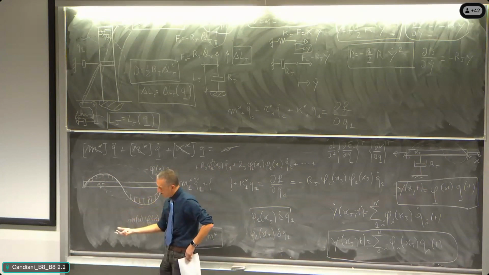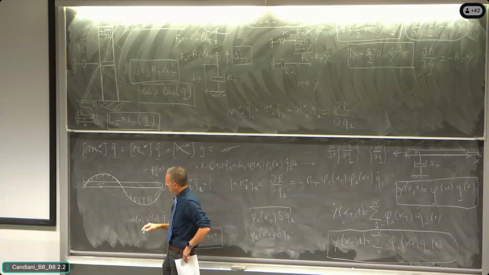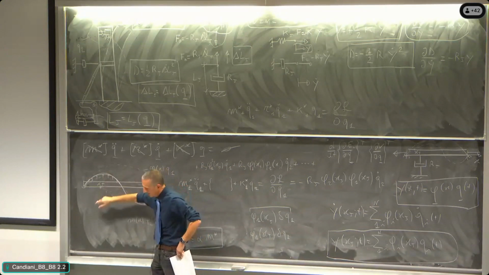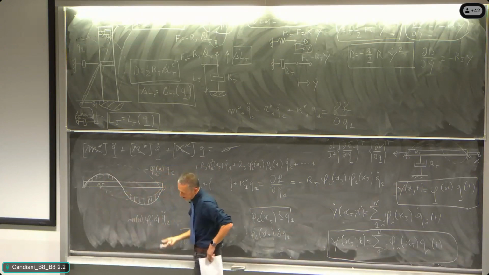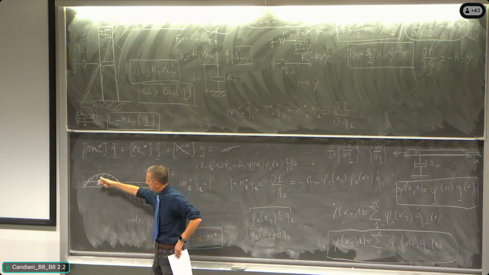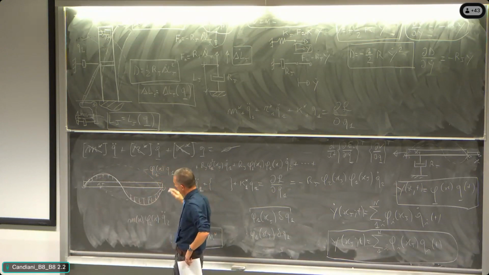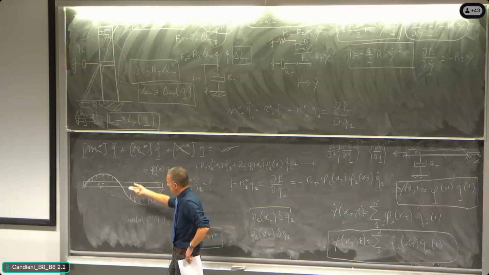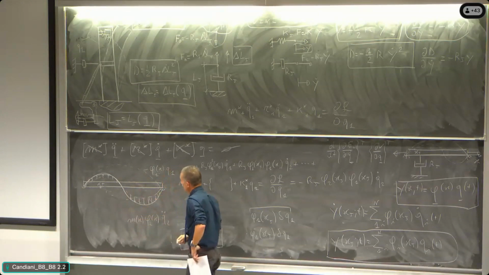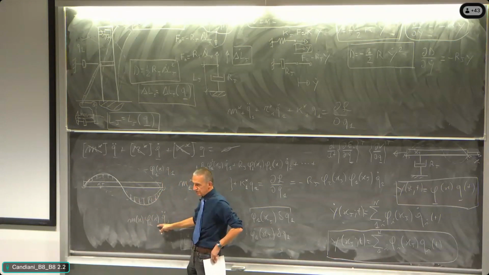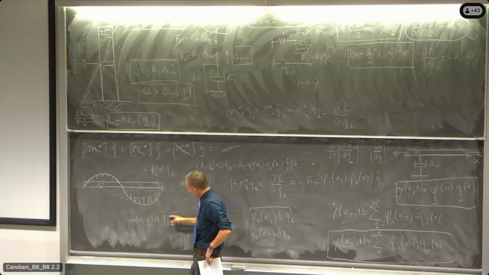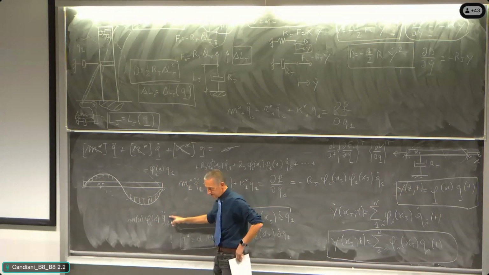We have to reverse because if this is the acceleration, the forces are minus, but don't mind. So this is the distribution of the acceleration, and the distribution of the inertial forces is this one, but reversed. And it has the shape of the second mode, and it is scaled by the second order derivative of the second principal coordinate, all right?